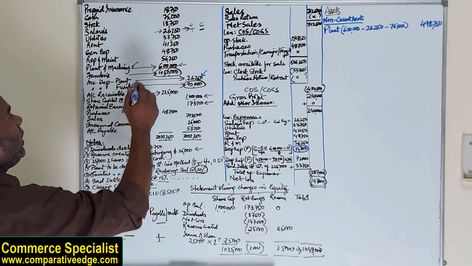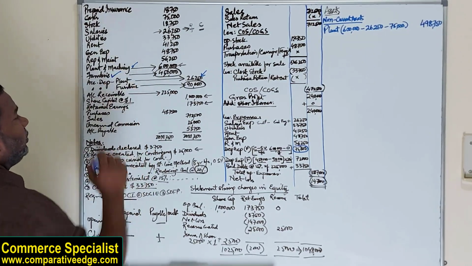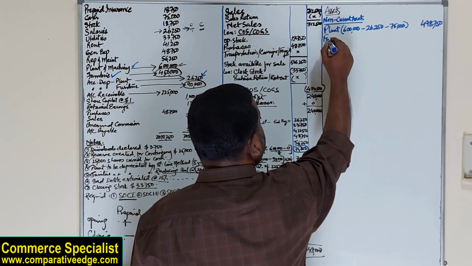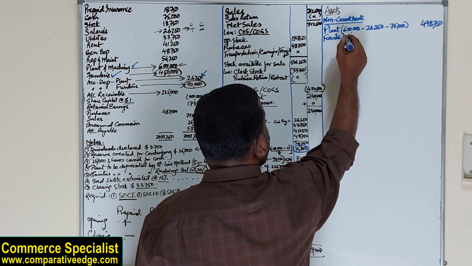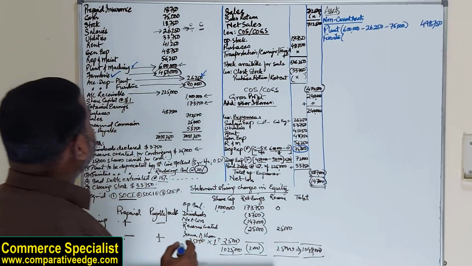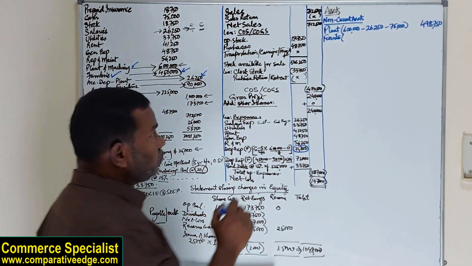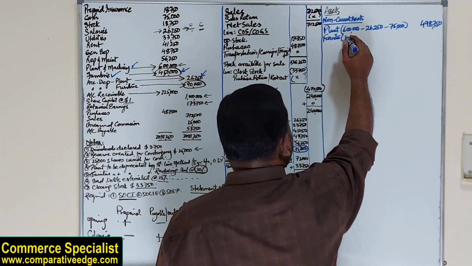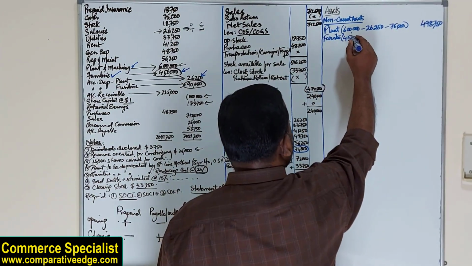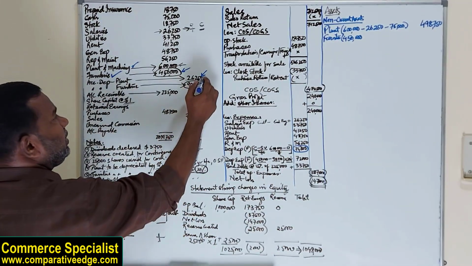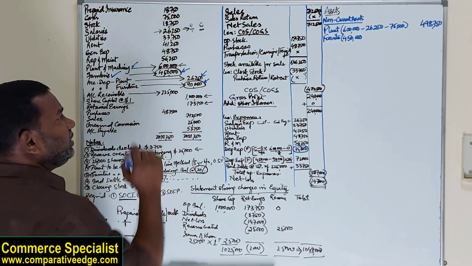Then another one, we have furniture. The next non-current asset is furniture. So you write furniture here. The cost of furniture is 450,000 here. So I'm writing here the cost of furniture, 450,000. Accumulated depreciation until last year is 90,000.